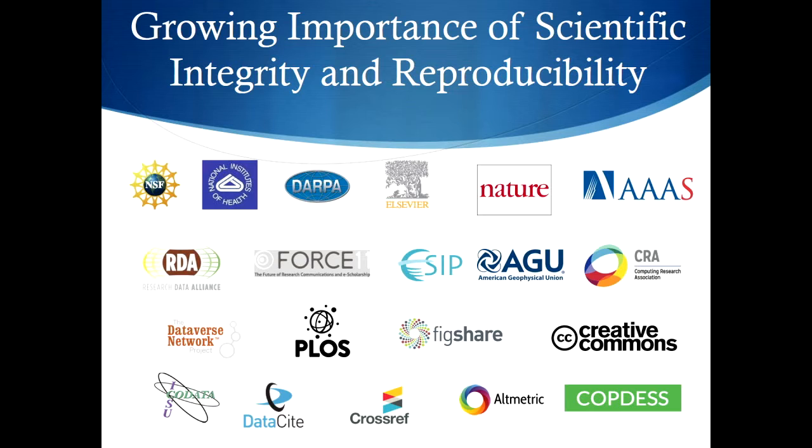COPDES, for example, on the bottom right is an association with hundreds of publishers to ensure transparency, data access, open publication throughout the geosciences. There's a lot of different efforts and organizations really concerned about the openness of science and making sure that our publications follow digital publication best practices.